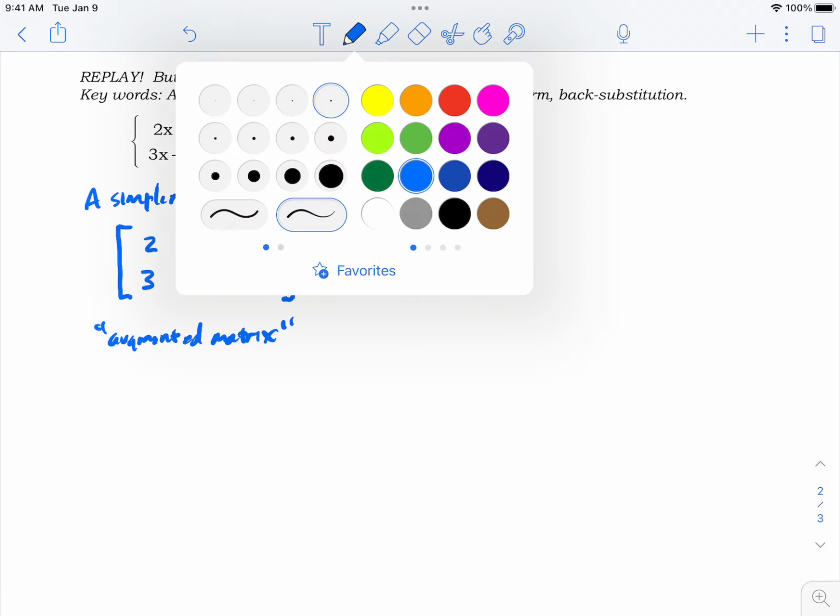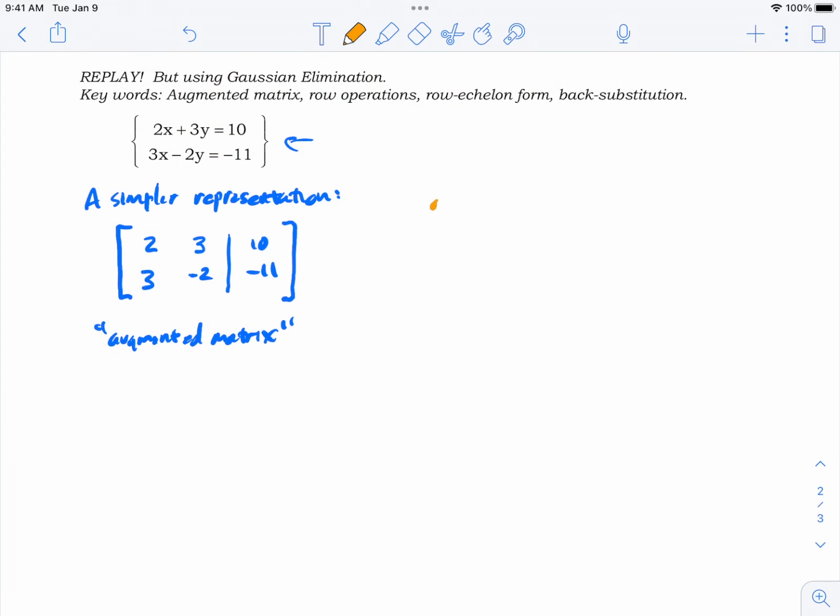Our goal, by the way, is to change this into something called row-echelon form. What's row-echelon form going to look like? Well, remember, we're going to take the x and turn it into a 1x, so that's going to be a 1.